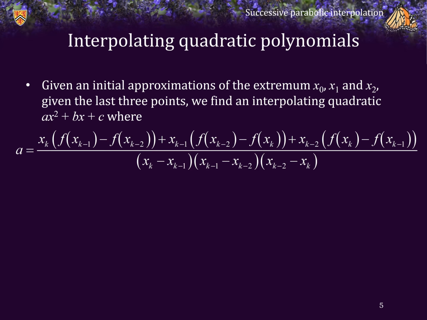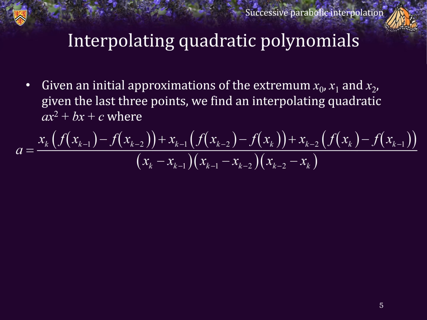Now, given 3 initial approximations, x0, x1, and x2, we start iterating. Given the last 3 values, x sub k, x sub k minus 1, and x sub k minus 2, we find the interpolating quadratic that passes through these points, and that would be of the form a times x squared plus bx plus c. And we can find the value of a with this formula. Now this formula is a little bit more complex than previous interpolating quadratics because the points are not necessarily equally spaced.